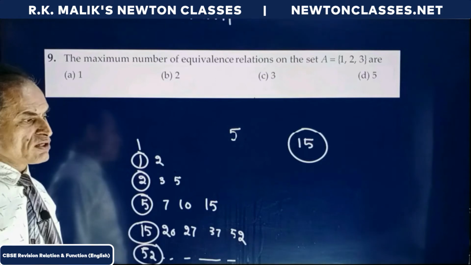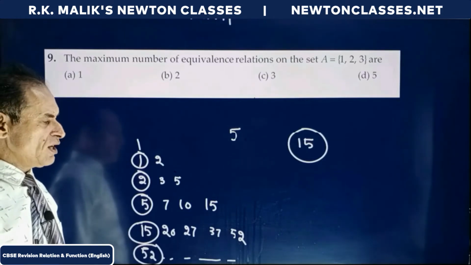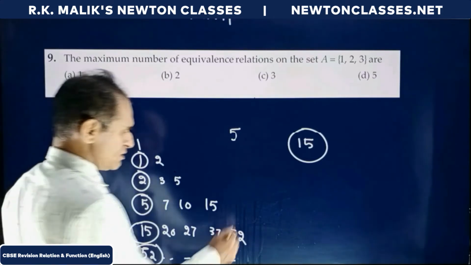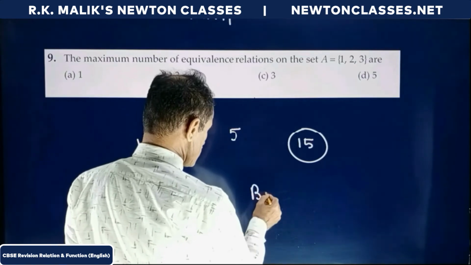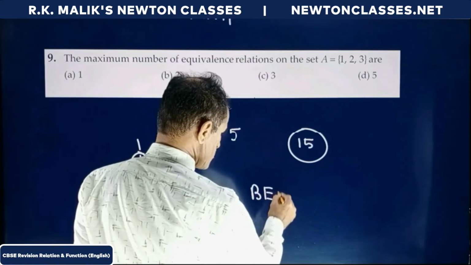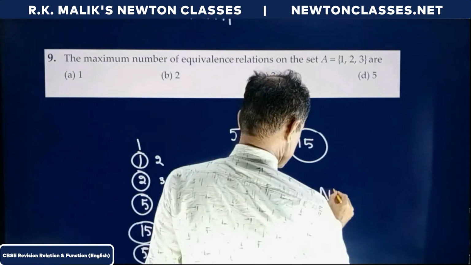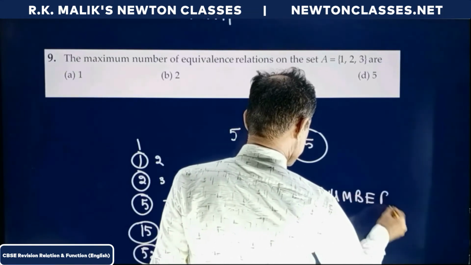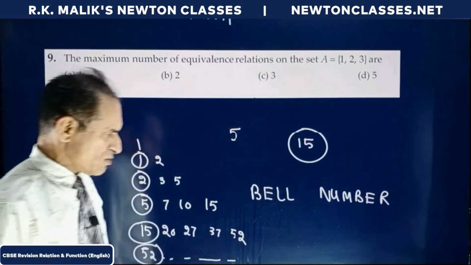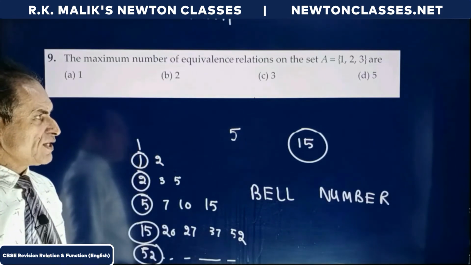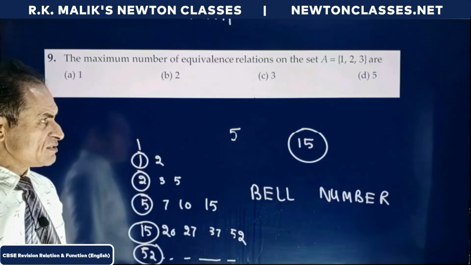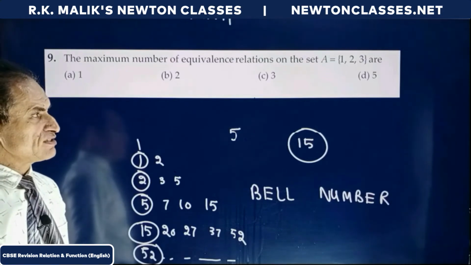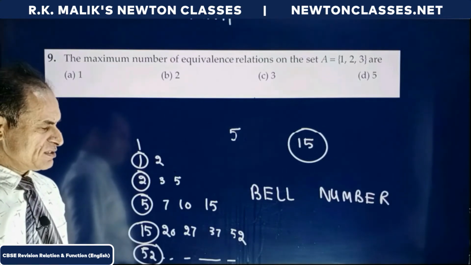Actually, in short, you will have to understand the concept of Bell number to find the number of equivalence relations when the set A contains n elements.